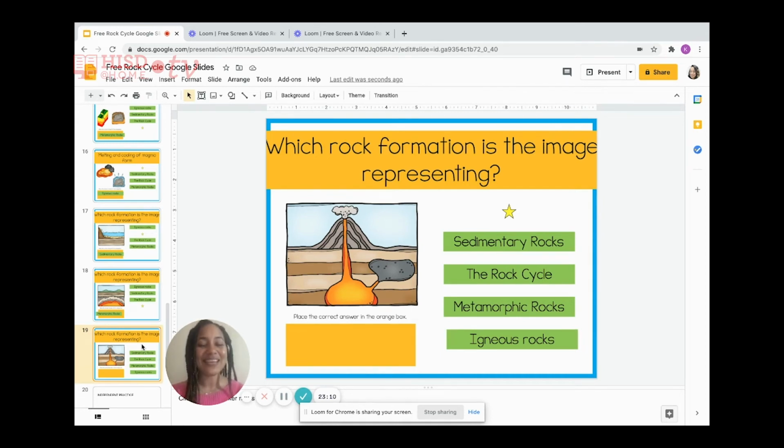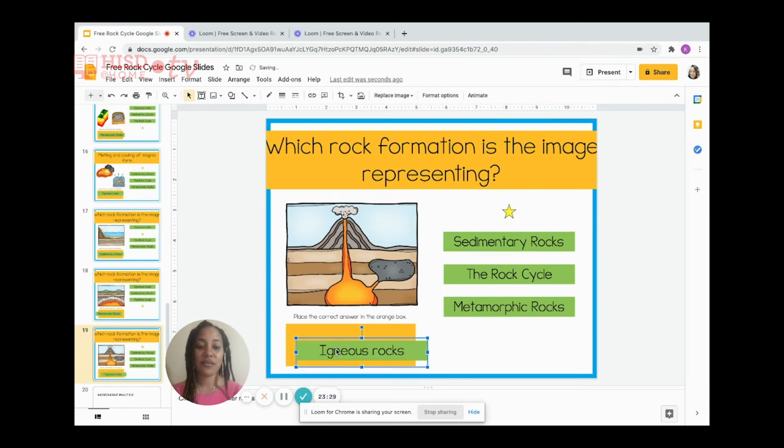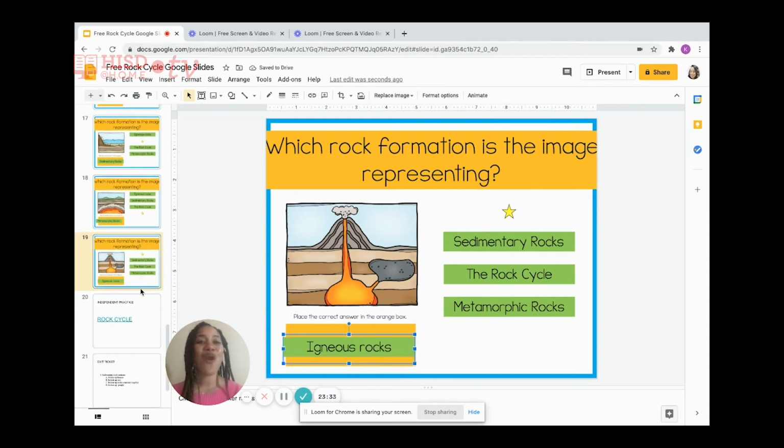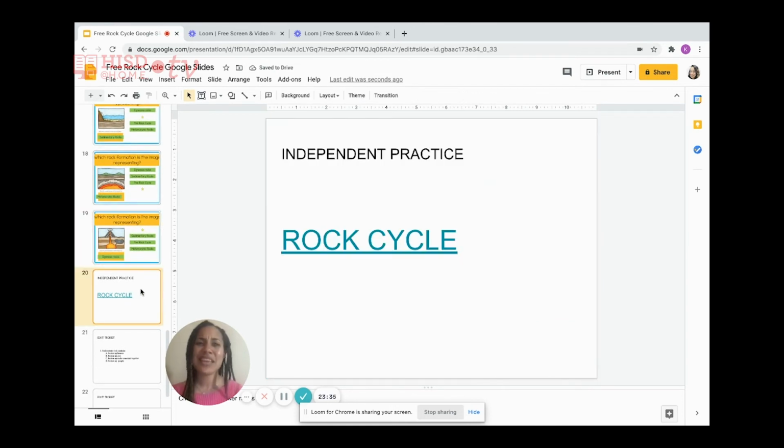What do you see? Absolutely. I see lava. You see lava. And if we see lava, then what type of rock are we going to be able to form? Correct. We will be able to form igneous rock. Perfect. Great job. So let's see if you can do it on your own now.